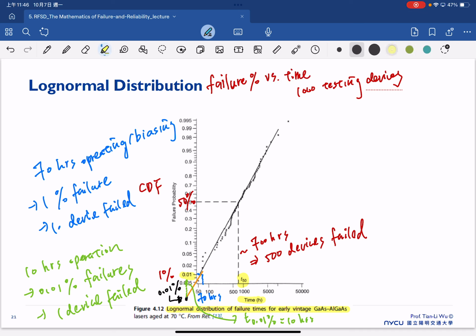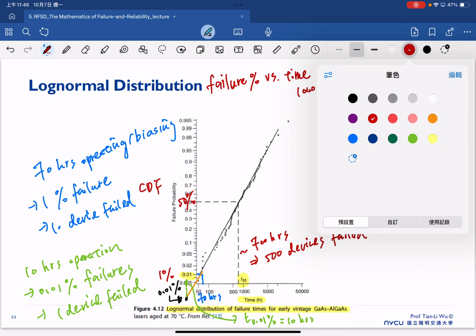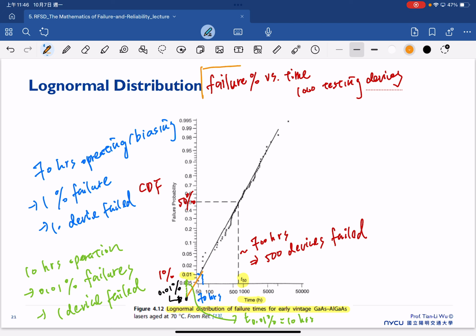That's why we need to have the distribution function. Not only the distribution function, we also need to integrate it with time and get the CDF, because in the end, we want to know the CDF versus the time.